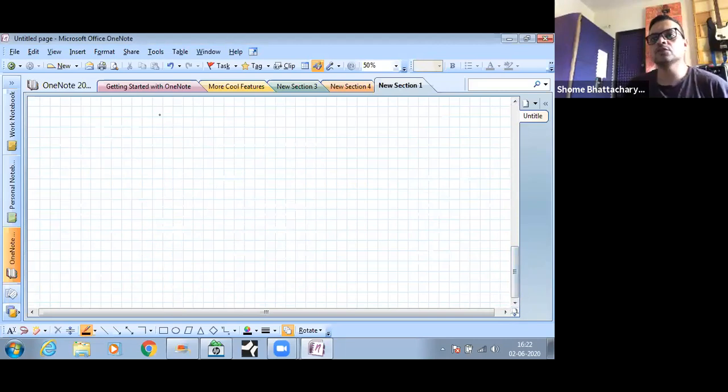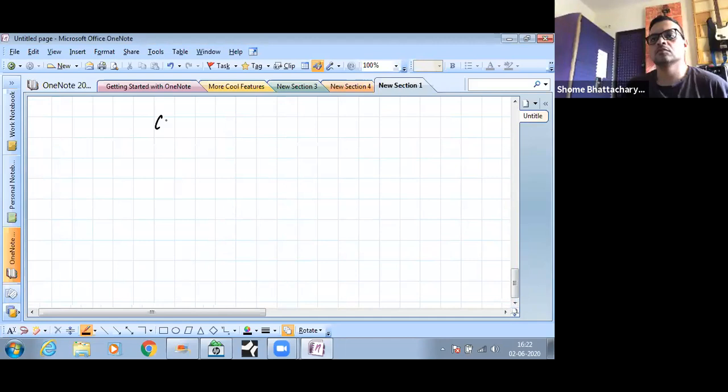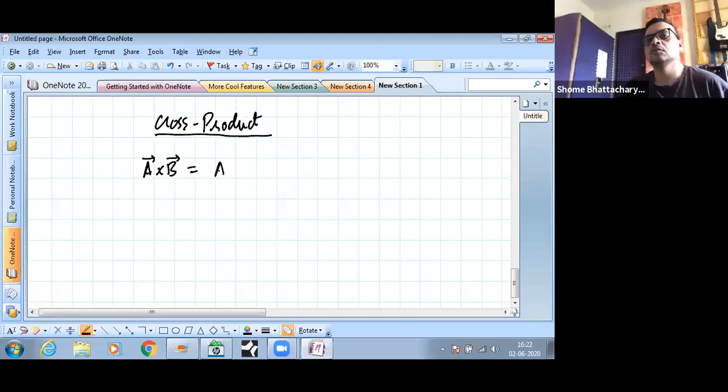So coming back to the definition of cross product. The first thing we'll understand is that AB sin theta n cap.